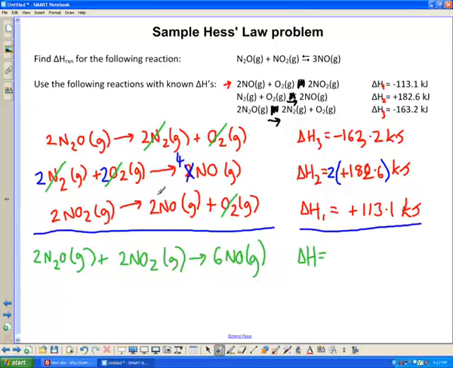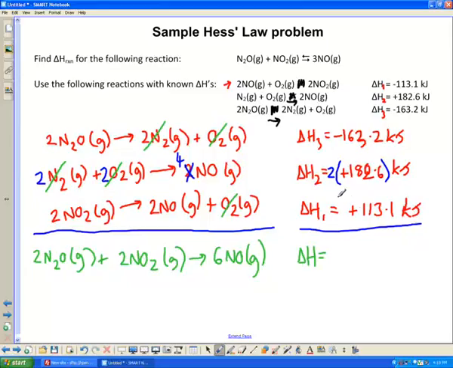So we've done all our manipulations to our equation, so we're going to do the same thing here. Negative 163.2 plus 2 times this plus this, alright, that gives us, let's see, what does that give us? I guess I better calculate that.